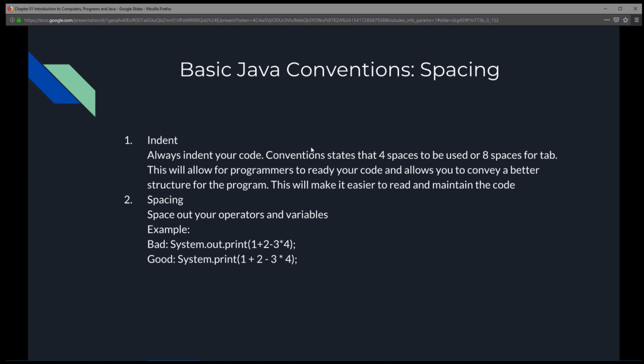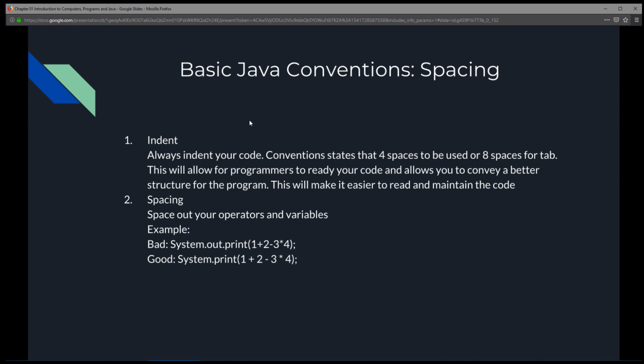Now, another convention that I really want to point out, that you should really practice and get used to doing, is something really simple that a lot of beginner programmers don't do and end up writing really sloppy looking, messy code: they don't space out properly.